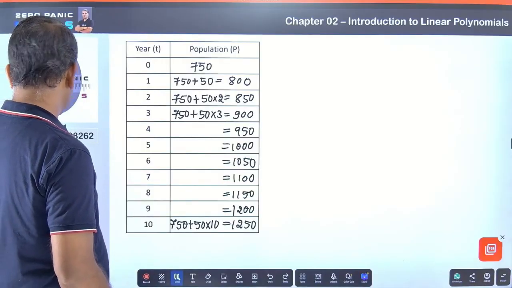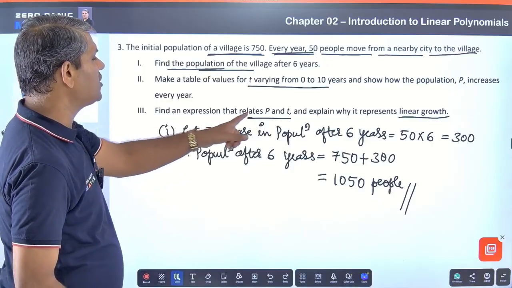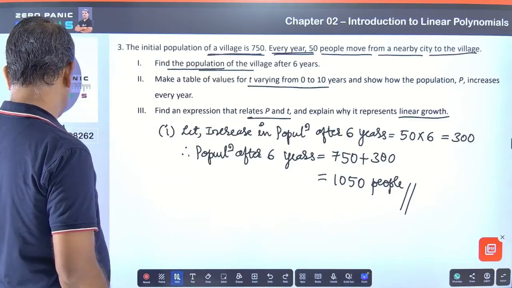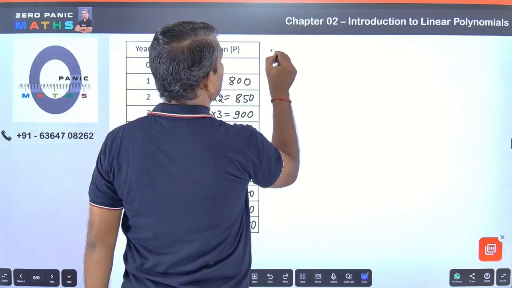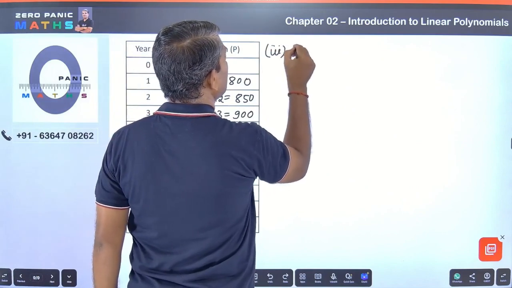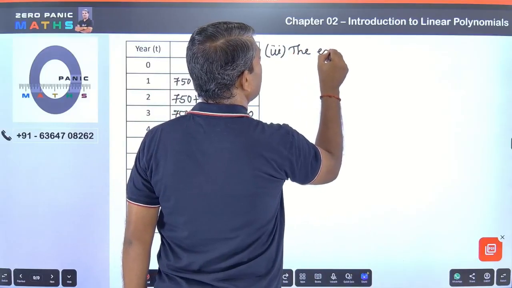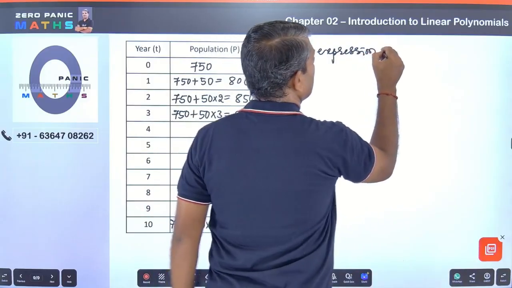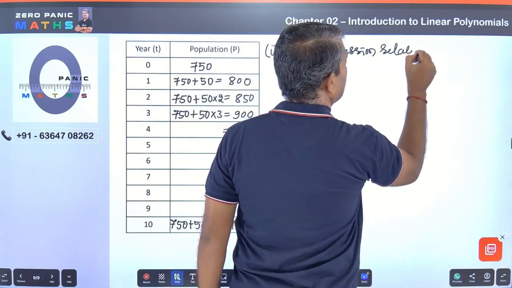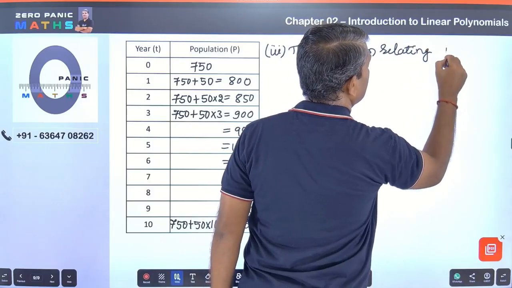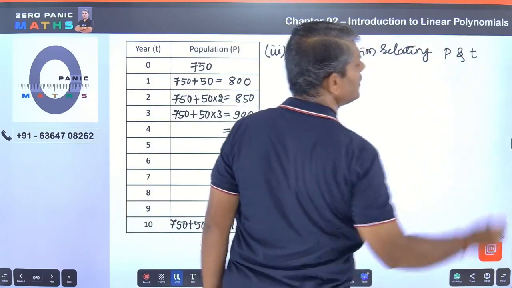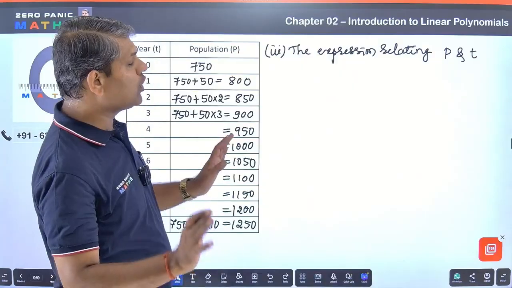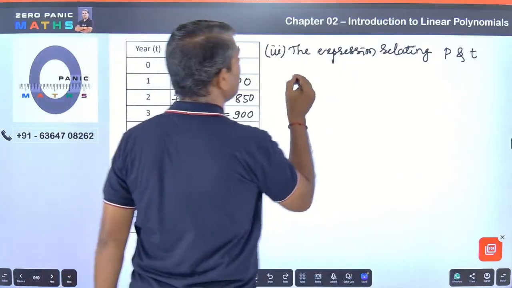Third question is, as usual, find an expression that relates p and t. So the expression relating p and t, where p is the total population and t is the time.